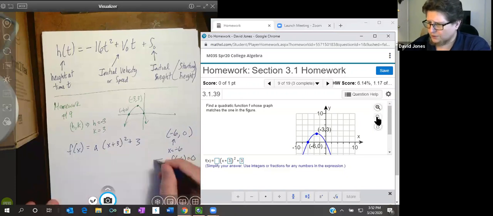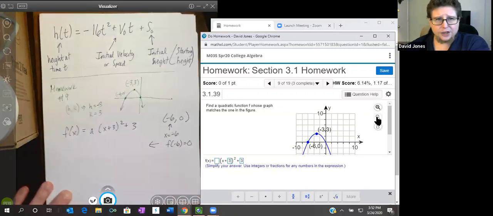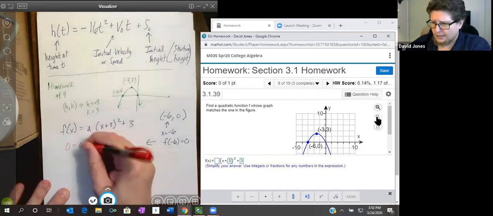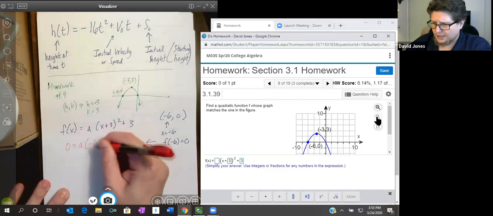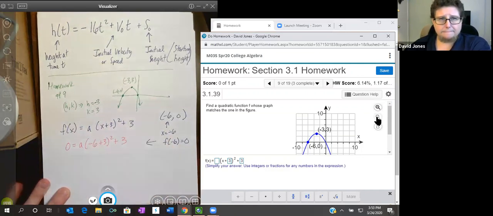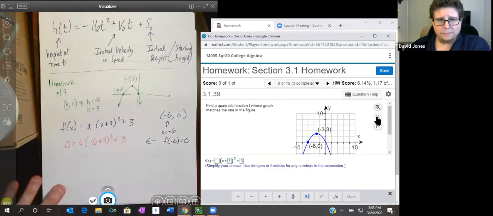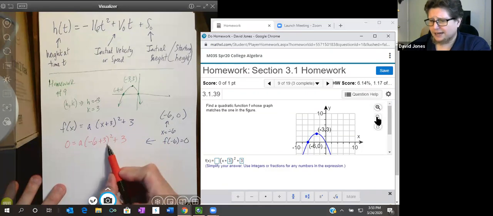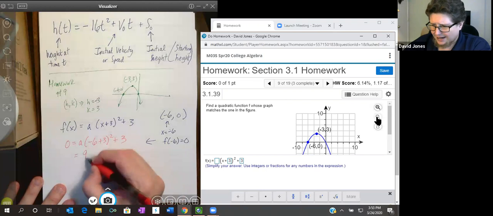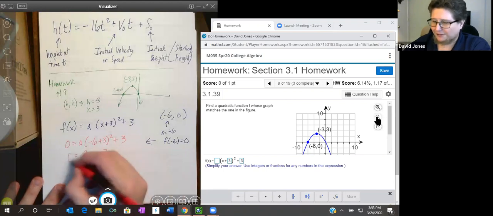So I plug those in. I get 0 equals a times (negative 6 plus 3) squared plus 3. Well, negative 6 plus 3 is negative 3. Squared is 9. I've got 9a plus 3 equals 0.